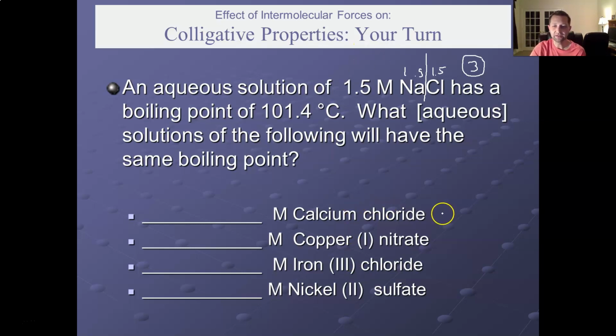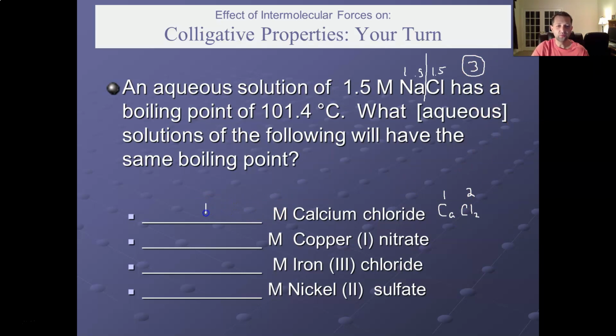So let's look at calcium chloride. Calcium chloride is CaCl2, so let's look at how many dissolved particles we would have here. We have 1 calcium and 2 chlorides, so 3 dissolved particles. We want to know what our molarity is going to be.